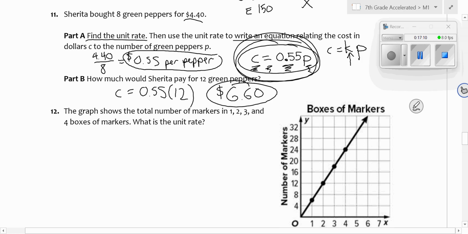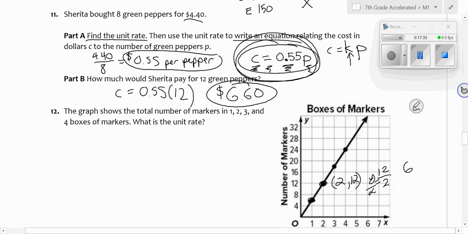All right, and our last one, we're going to find the unit rate on this table. You guys are so good at this. You go find a nice point. If we have our coordinates of 2 boxes for 12 markers, and we find that ratio, y over x, remember? Y over x, we get 6.